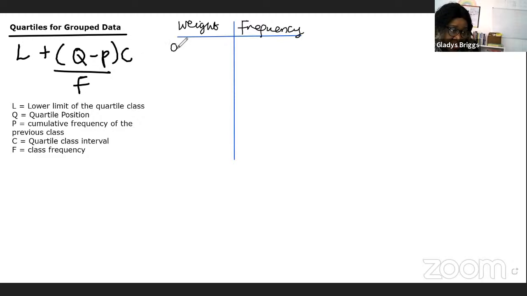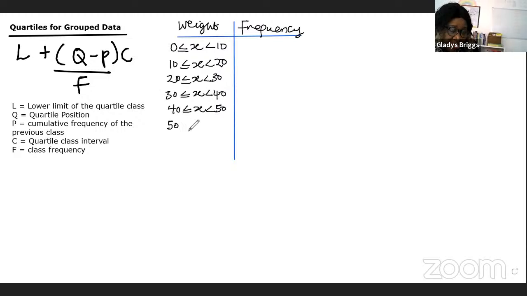Here 0 is less than or equal to x, for the weight, is less than 10. 10 is less than or equal to x is less than 20. 20 is less than or equal to x is less than 30. 30 less than or equal to x is less than 40. 40 is less than or equal to x is less than 50. 50 is less than or equal to x is less than 60. And 60 is less than or equal to x is less than 70.